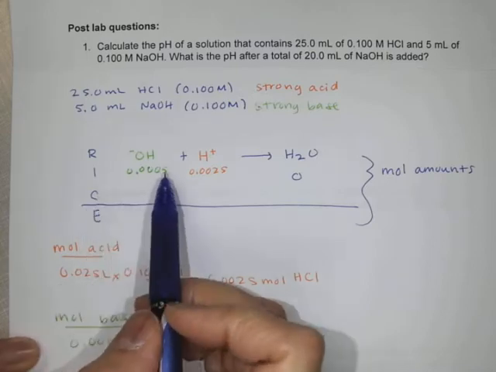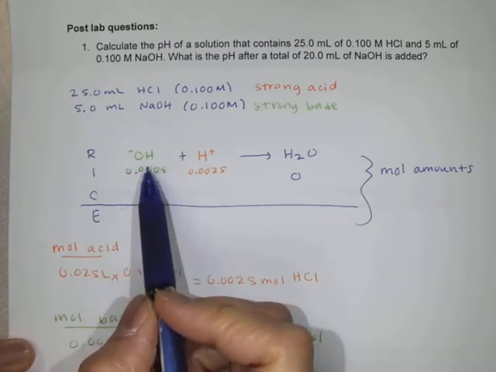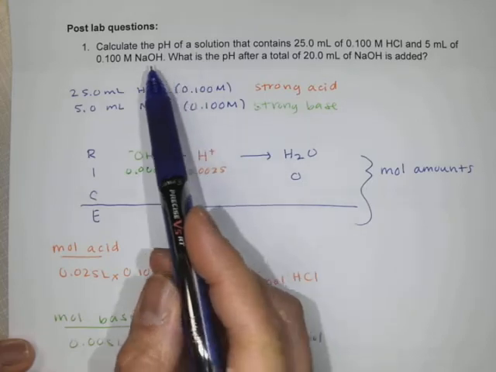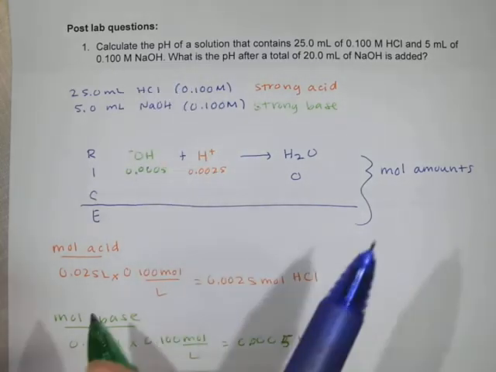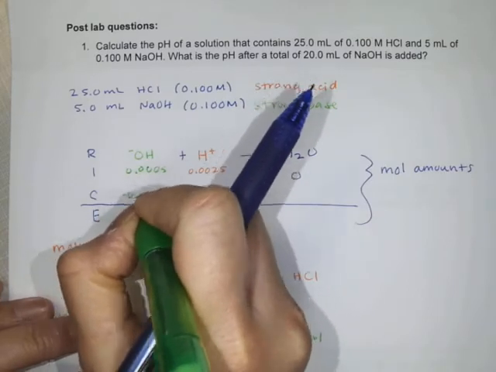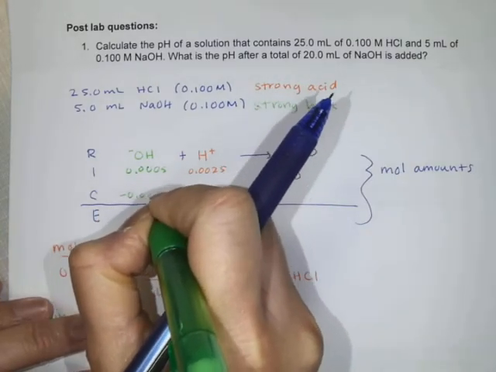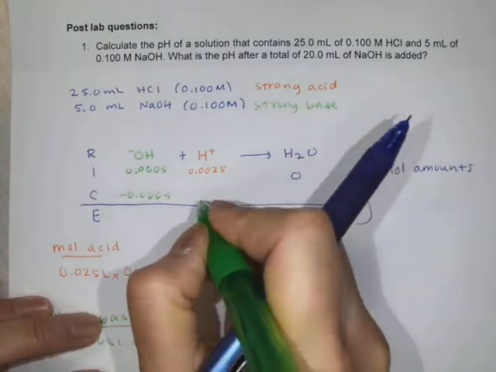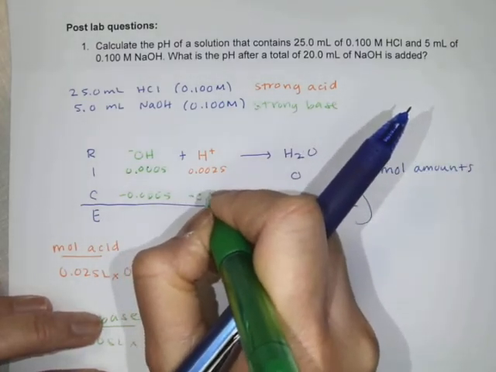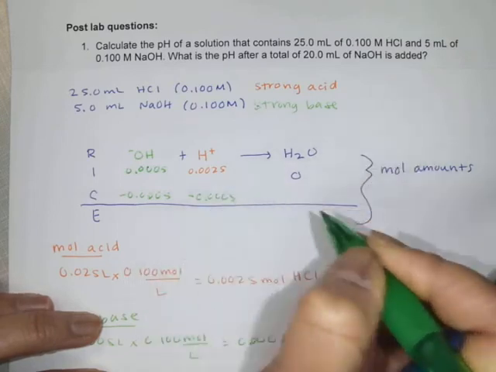The change now, all of the OH that is being added is going to get used up by the strong acid. So we're going to subtract 0.0005, and then this will be minus 0.0005.